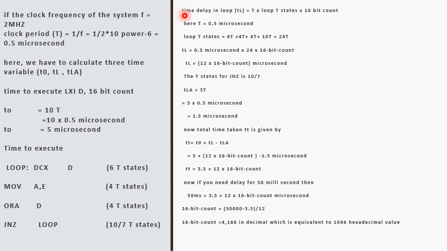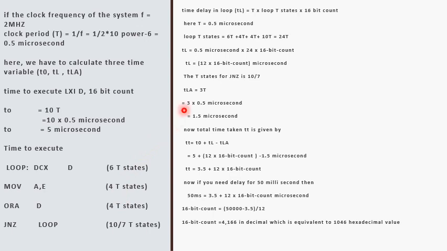Next, we will see the time delay in the loop, TL. That is T into loop T states into 16-bit count. Here T is equal to 0.5 and the loop T states are nothing but 6 T states plus 4 T states plus 4 T states plus 10 T states. So inside the loop, the total T states are 6 plus 4, 10, 10 plus 4, 14, 14 plus 10, 24 T states.